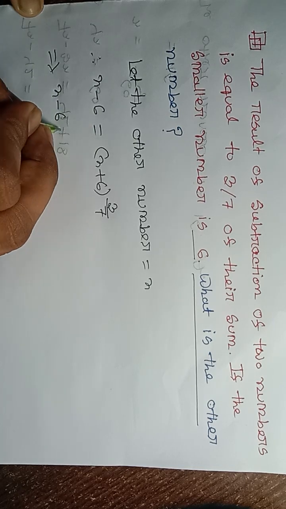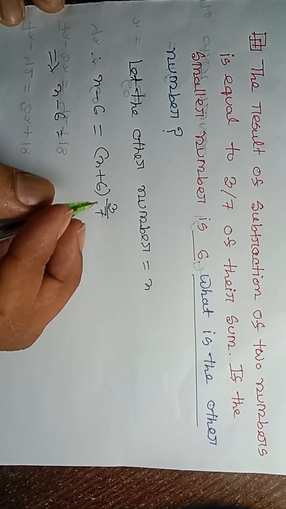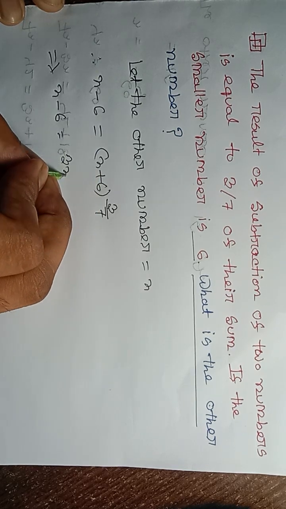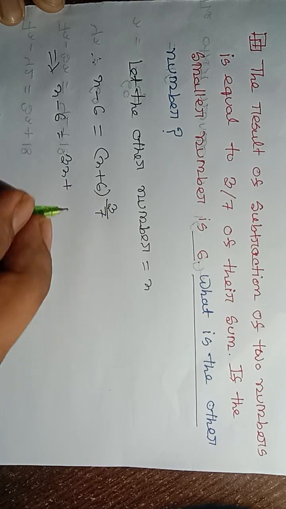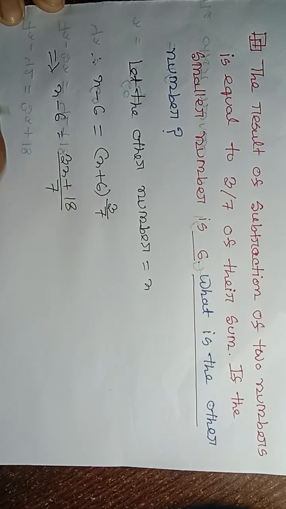Or x minus 6 is equal to x times 3 is 3x plus 6 times 3 is 18, over 7.